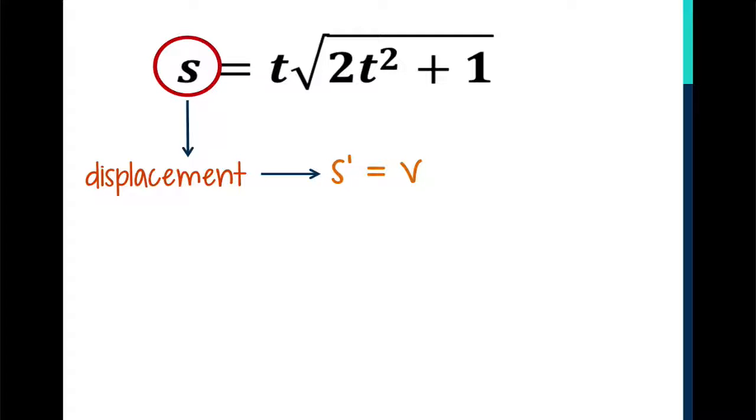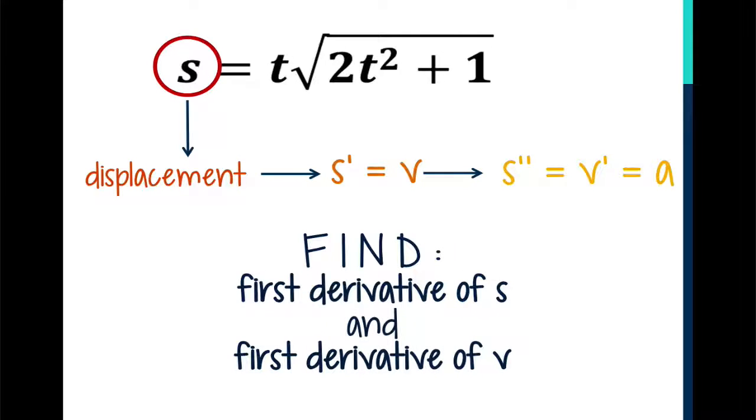And the second derivative of the displacement is actually the acceleration, or also the first derivative of the velocity. So basically what we need to find is the first derivative of s to give us the velocity and the first derivative of v to give us the acceleration.